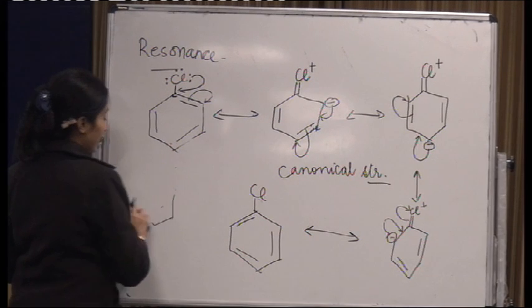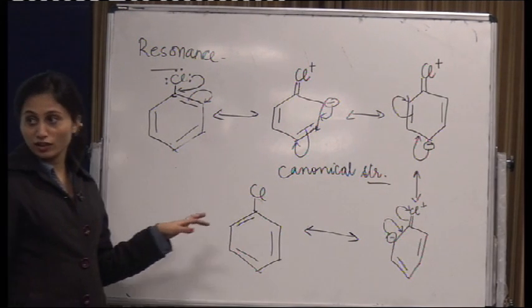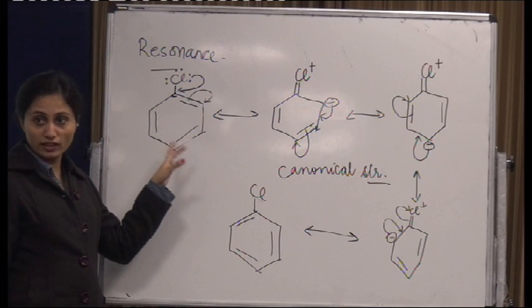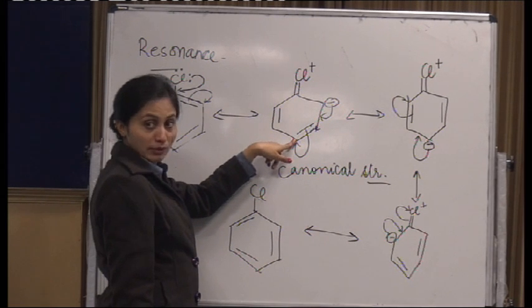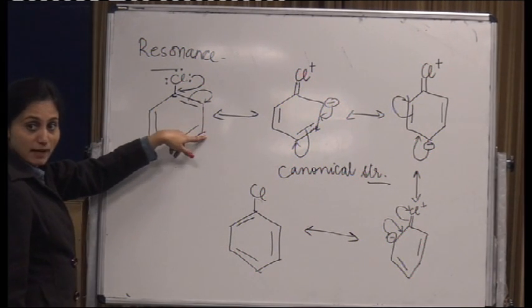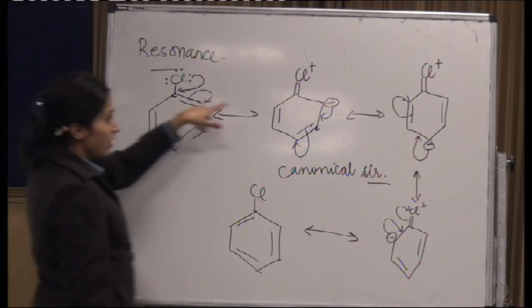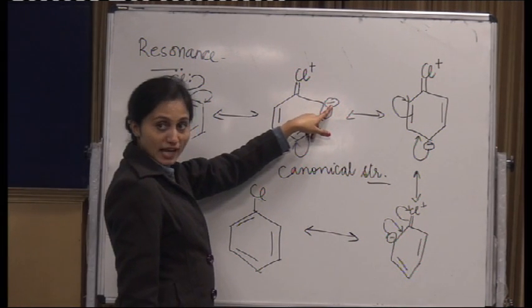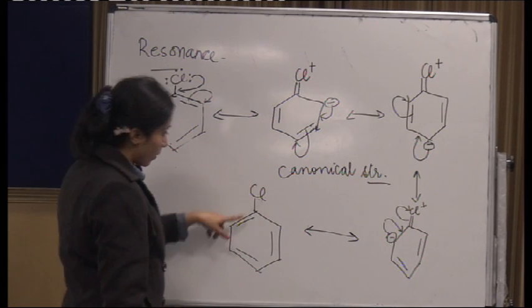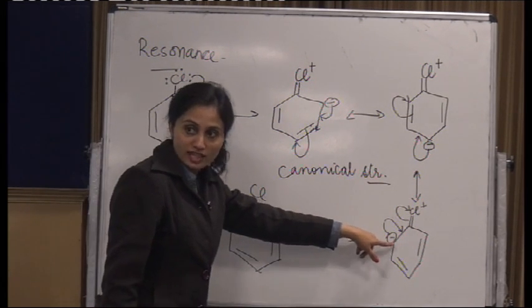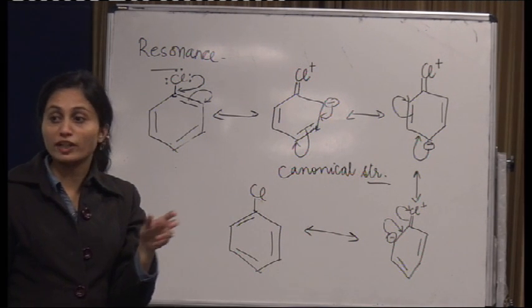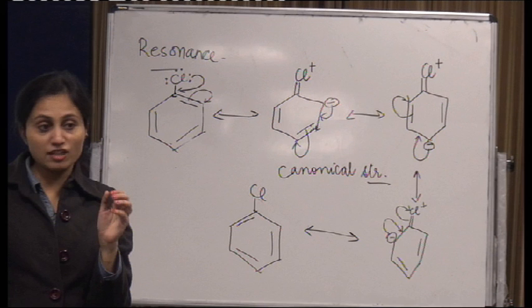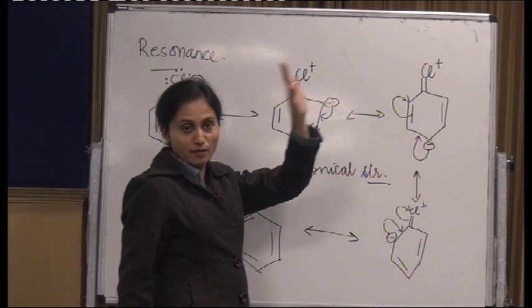ठीक है, और फिर एक ऑर्गेनिक में पढ़ोगे एंड देन यू कैन रिमेंबर मी एट दैट टाइम. हियर इन दिस केस अगर आप देखोगे रेजोनेंस करते टाइम नेगेटिव चार्ज कहाँ कहाँ पे है, इधर और पैरा पोजिशन पे. यू रिमेंबर दिस वाज ऑर्थो, दिस वाज मेटा एंड दिस वाज पैरा. तो जब नेगेटिव चार्ज किस किस पोजिशन पे है, ऑर्थो पे आ रहा है और सिर्फ पैरा पे आ रहा है, तो इट इज कमिंग ओनली एट ऑर्थो एंड पैरा। तो जब भी कोई मेरा प्लस चार्ज वाला स्पीशीज होगा, जैसे NO2 प्लस, OH प्लस, तो इट विल ओनली कम एट ऑर्थो और इट विल गेट कम अटैच्ड टू पैरा.